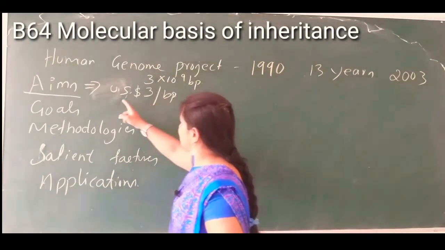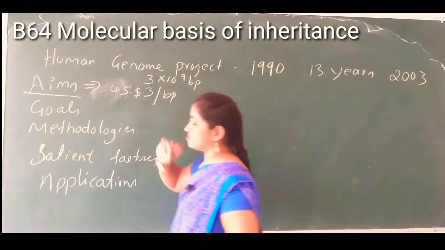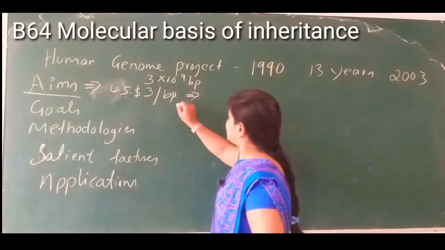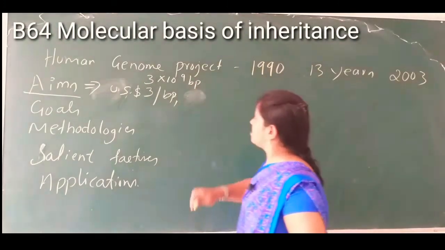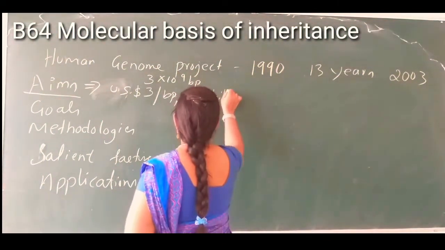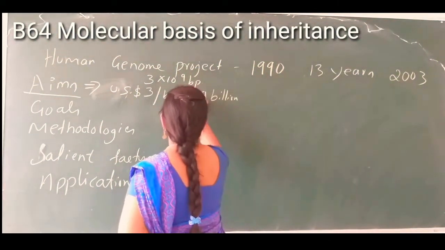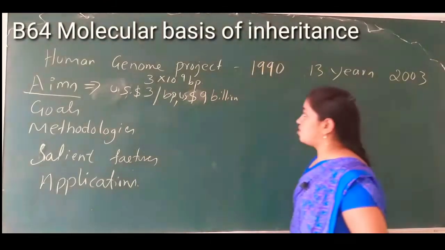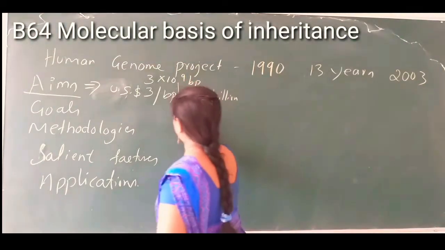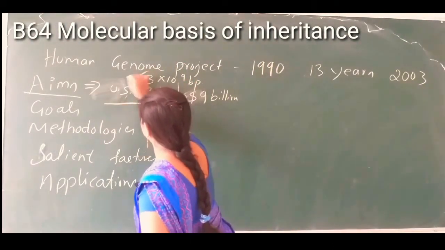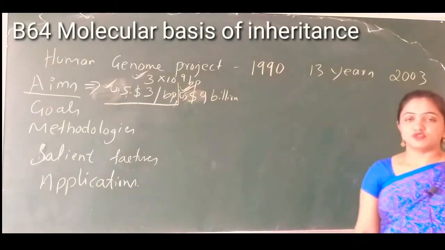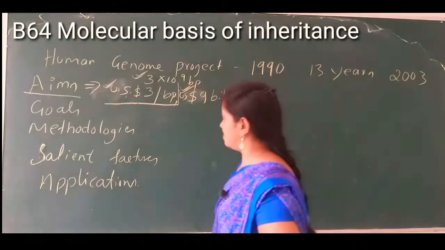Next, the total estimated cost of this project is $9 billion. How much does it cost? $9 billion. This is one aim, this is one aim, and this is one aim. So we have three aims now.